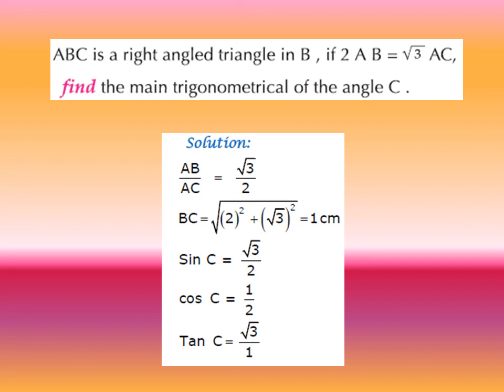Now we can find BC. BC equals square root 2 power 2 minus root 3 power 2 equals 1. And now we can find sine C and cosine C and tan C. Sine C equals root 3 over 2, cosine C equals 1 over 2, tan C equals root 3 over 1.